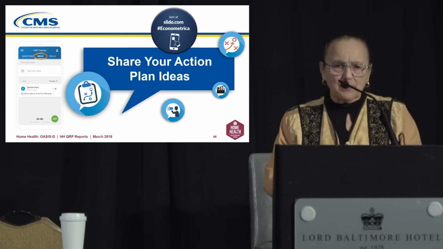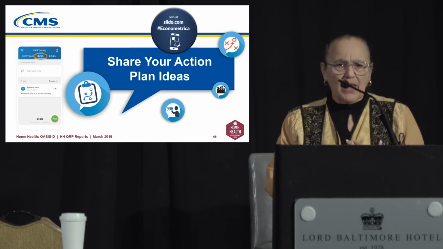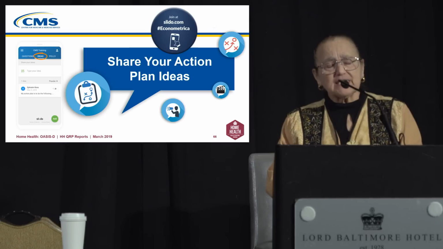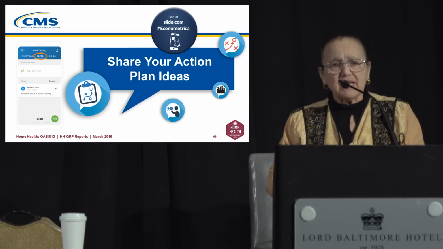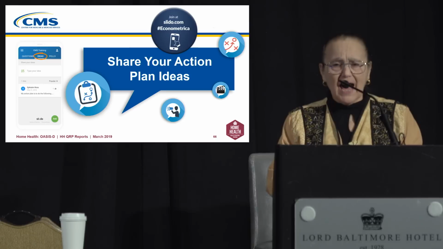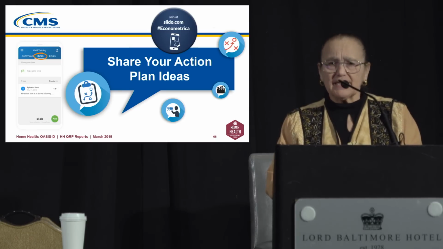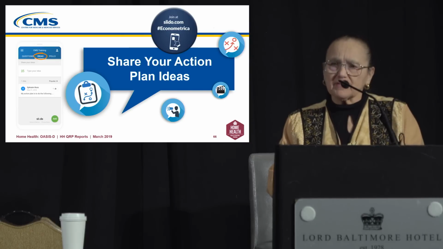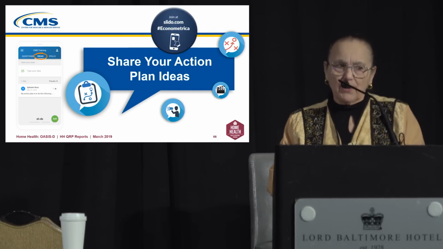Those Oasis reports, the error report, the submission data, these are things you need to know about monthly. Making sure that your Oasis assessments are timely filed, that the information is accurate 100%, and that it goes through smoothly and easily and gets accepted. Those are very important things that you need to know on a very regular, timely basis.